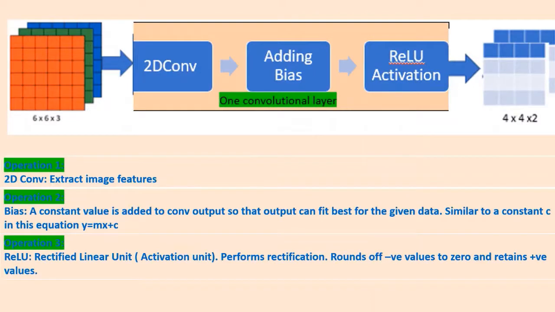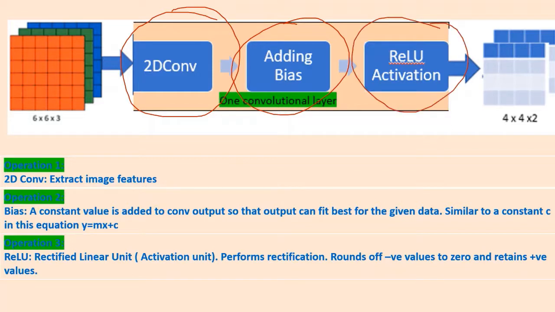To summarize the convolutional layer, as you can see, it performs three different operations. First, it performs a convolution operation. Then it performs biasing, that means a constant value is added to each output of convolution. Then a rectification is done. The convolution operation is used for extracting the image features.